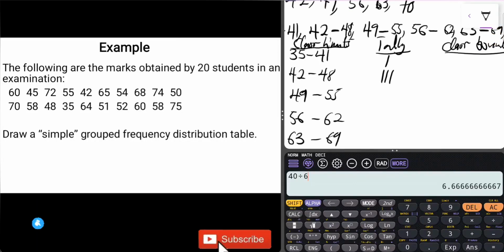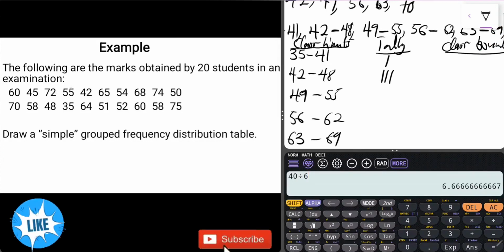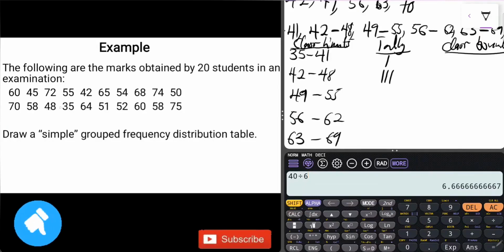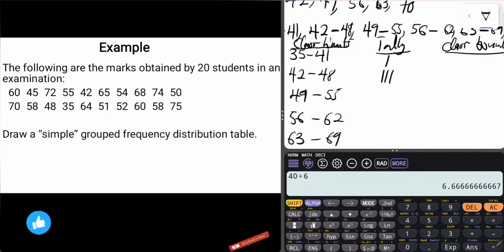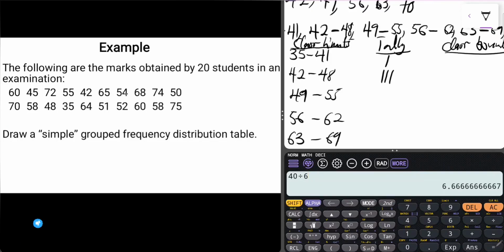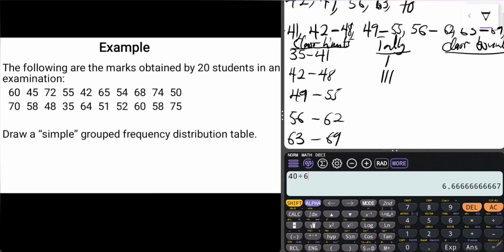So 49 and 55 as the next class, we have 55 here as part, we have 54 here as part, which is 2. We have 50 here as part, which is 3. And then we also have 51 as part, making it 4, 52, 5.